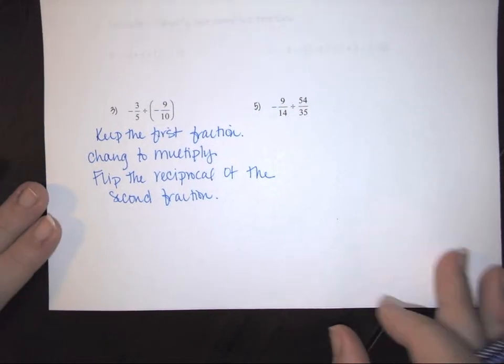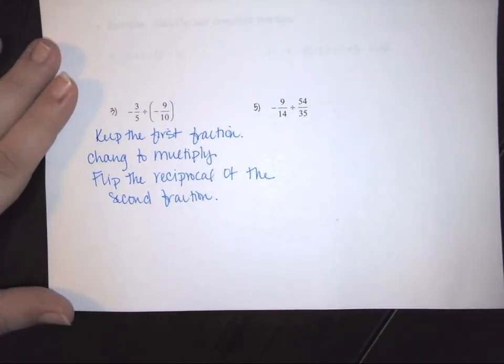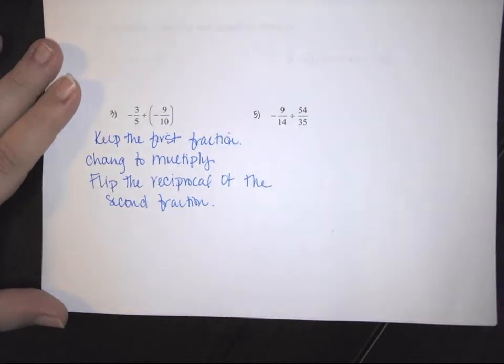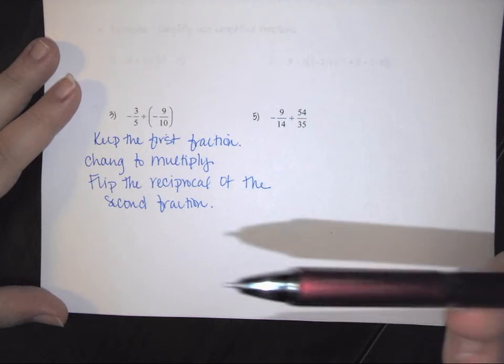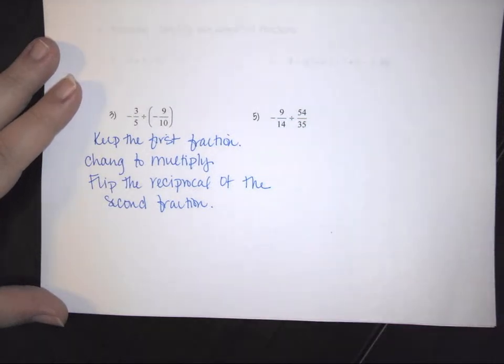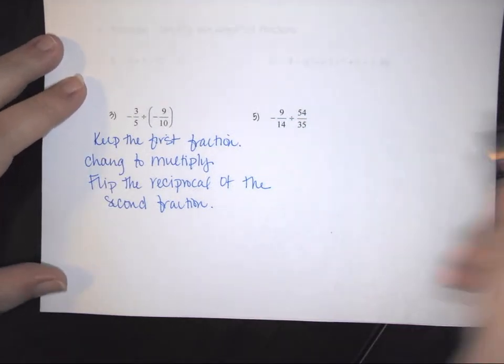When I was growing up, we called it keep it, change it, flip it. It still seems to be a very popular phrase, but the grown-up edition says that you are going to simply multiply by the reciprocal of the second fraction.